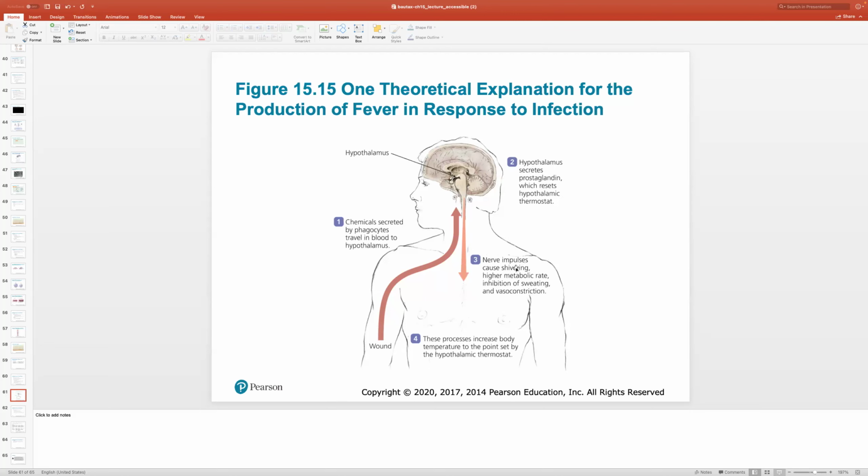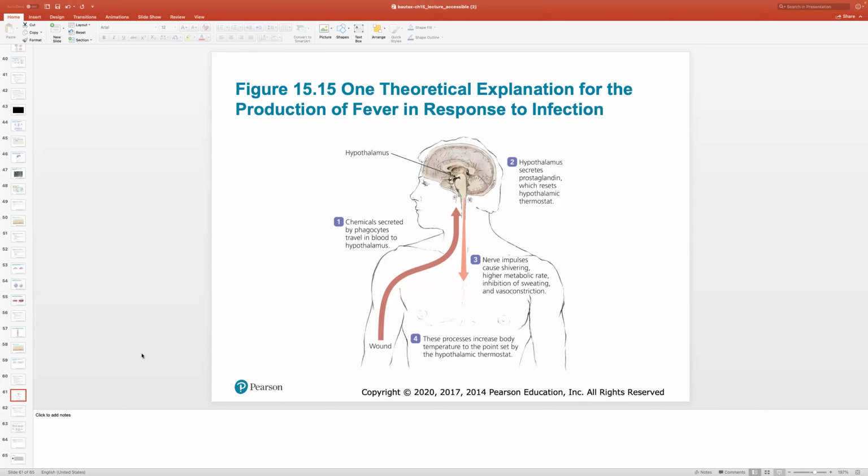Shivering usually causes it to go lower, but the higher metabolic rate, inhibition of sweating, and vasoconstriction would cause the temperature to go up. These processes increase the body temperature to a point set by the hypothalamic thermostat. It continues as long as the pyrogens are present.